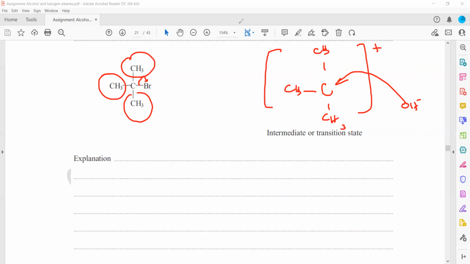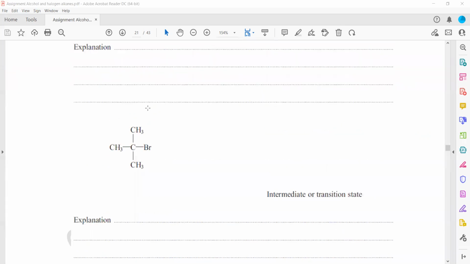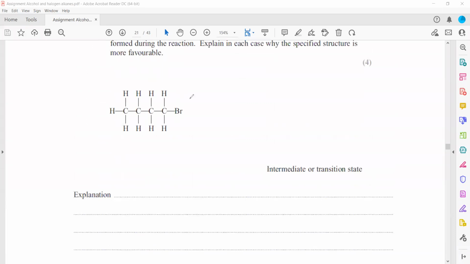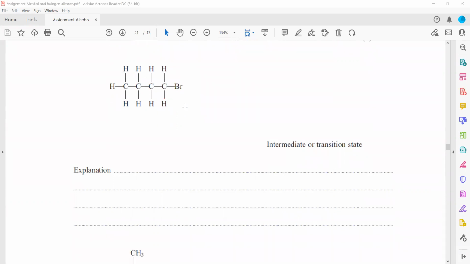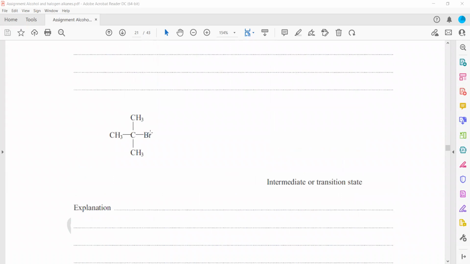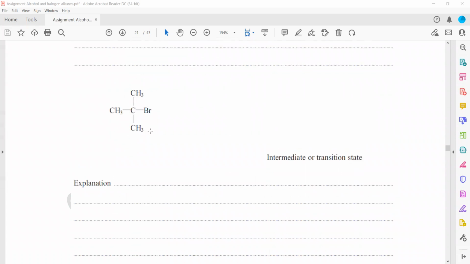But why does it not happen for the primary? Because if it happened for a primary, if it broke the bond with bromine, then this would be positive, but you can see this is only surrounded by one alkyl chain, the rest two are hydrogen, so it is less stable. So you can also mention in an explanation why the intermediate does not form a carbocation here, because that carbocation won't be stable as it is surrounded by few alkyl groups, whereas in tertiary, the carbocation is surrounded by more alkyl groups.